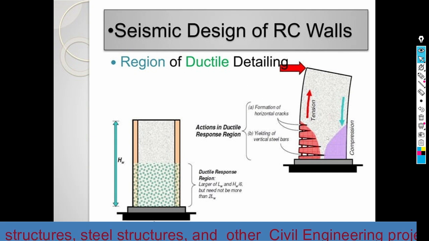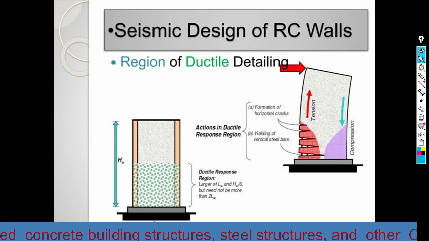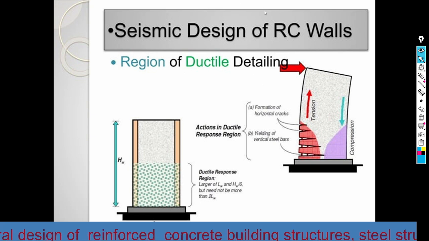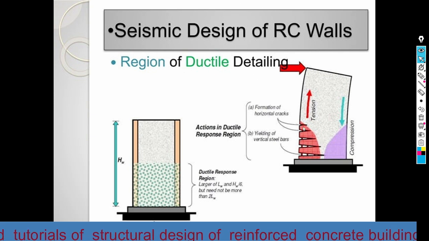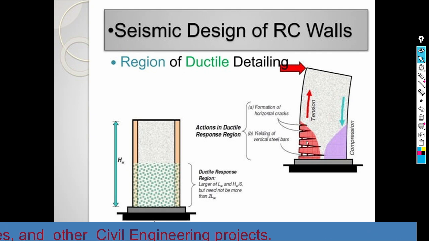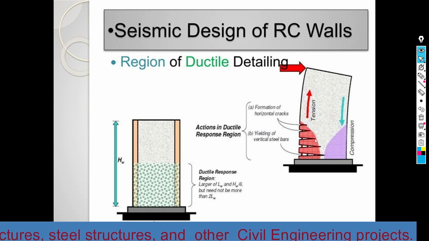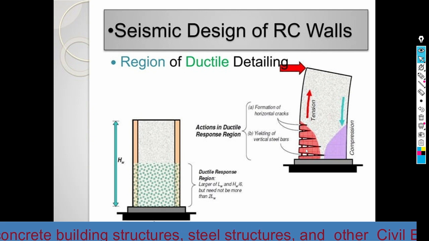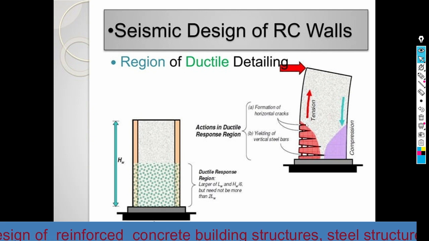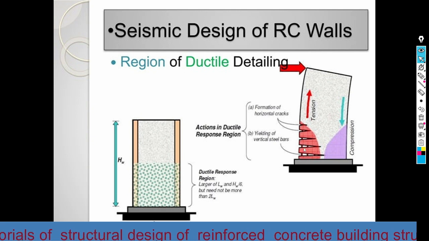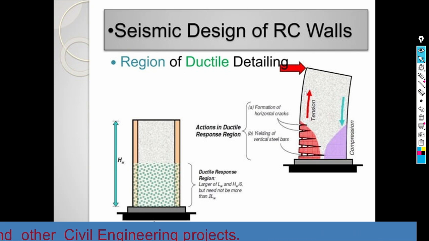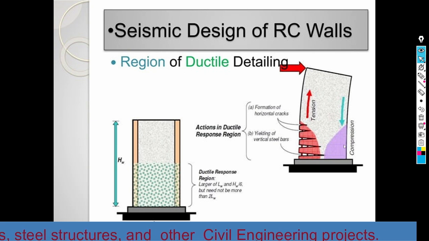So how can we avoid this tensile failure? We need to revise our design, or we need to increase the number of reinforcements per meter width, or the spacing of the reinforcement, or we need to increase the diameter of the reinforcement in order to increase the tensile strength of this section.